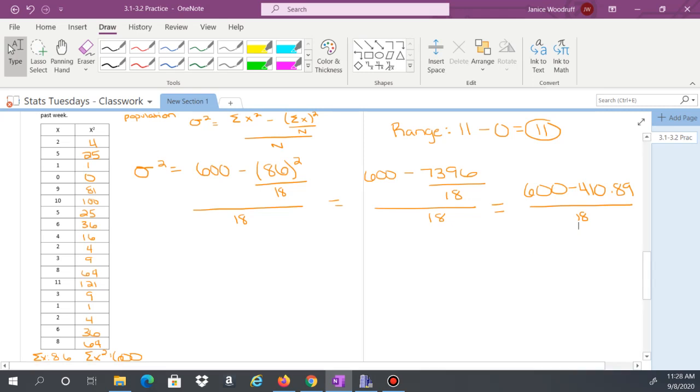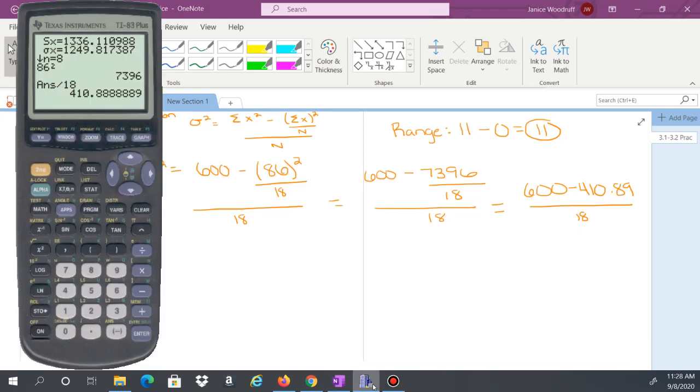So 600, and I'm going to keep this on my calculator, so I'm only rounding when I'm writing it down, because I don't want to round until the very end. So I'm going to go 600 minus second answer, so I can pull that through without rounding. So that's 189.1 repeating.